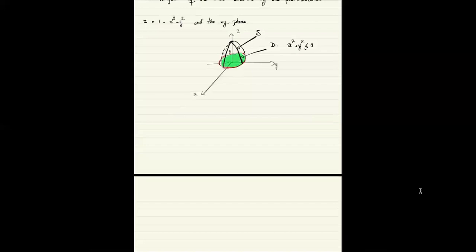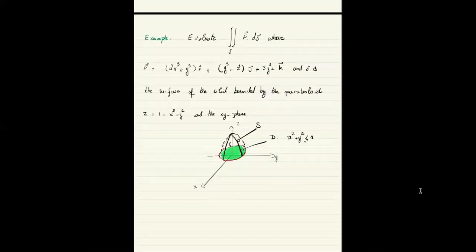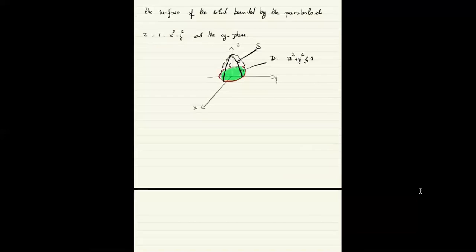So you can compute this one using dS and the parameterization, and it's going to be another type of computation, but we'll do it using the divergence theorem. So what is the divergence of F?